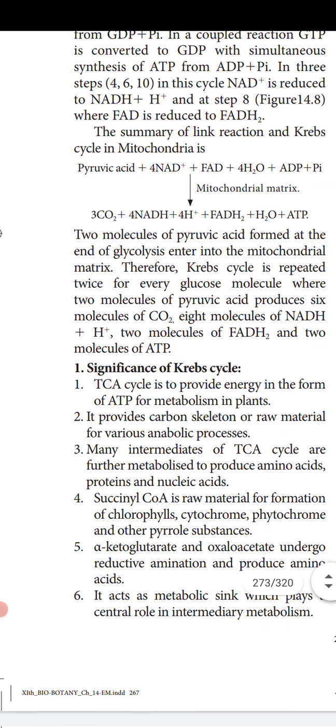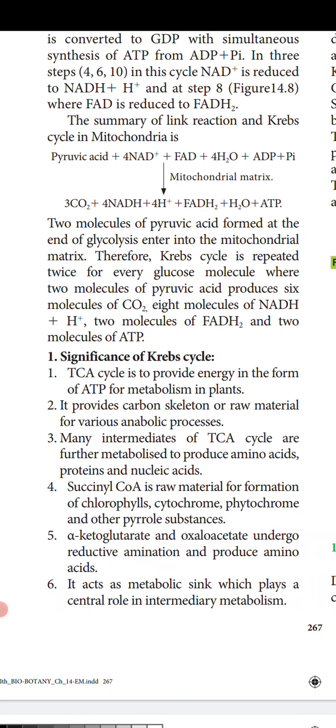The TCA cycle provides energy in the form of ATP for metabolism in plants. So it provides energy. Next, it provides carbon skeletal raw material for various anabolic processes. Many intermediates of the TCA cycle are further metabolized to produce amino acids, proteins, or nucleic acids.